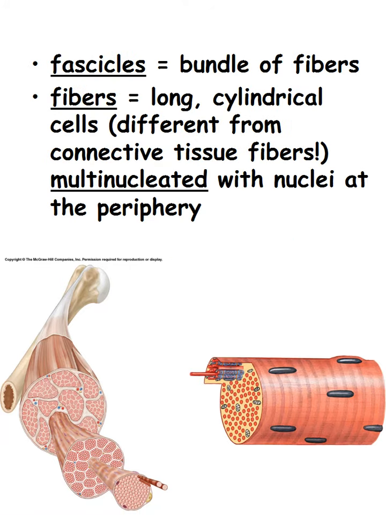And so fascicles, again, are bundles of fibers, and together fascicles will make up a skeletal muscle. The fibers are going to be long cylindrical cells, and these are different, though, from connective tissue fibers. And so fibers are also multinucleated, where the nuclei are found within the periphery of the muscle fiber itself.